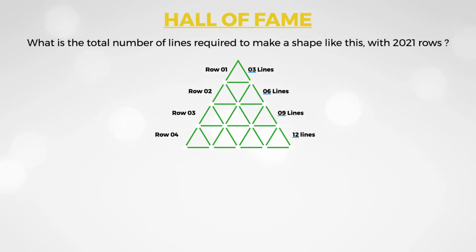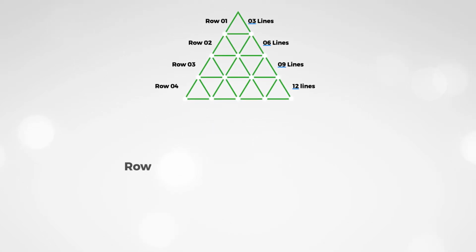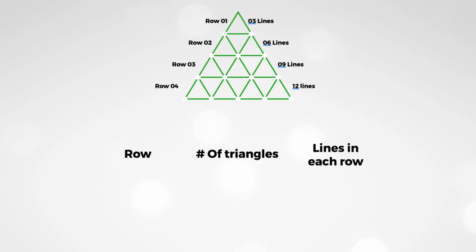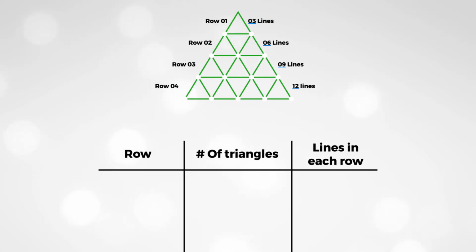So we can make a table: row, number of triangles, and the lines in each row. So row 1, the number of triangles, there's 1 triangle there, as you can see. And the number of lines was 3. In row 2, there's 3 triangles, and the number of lines was 6.